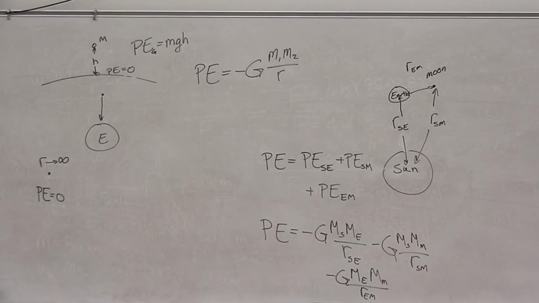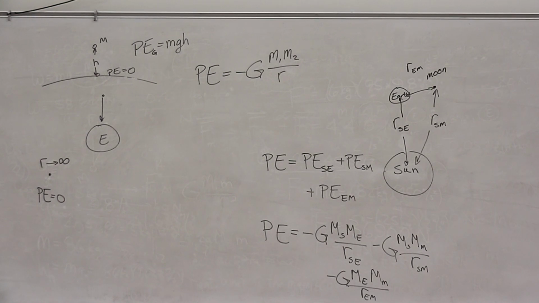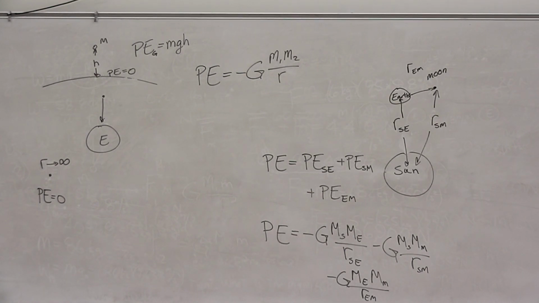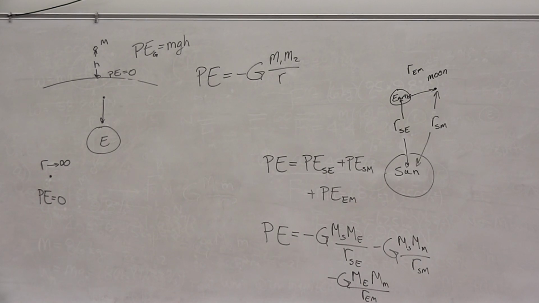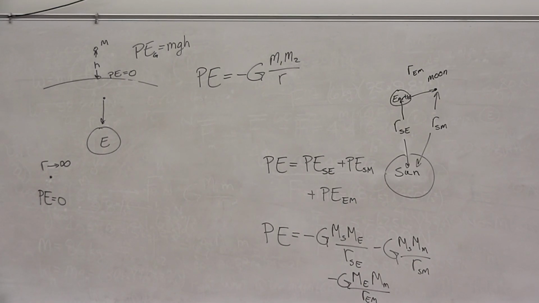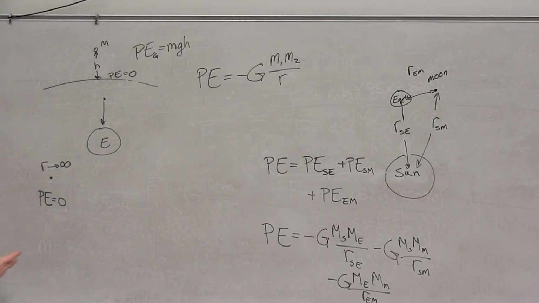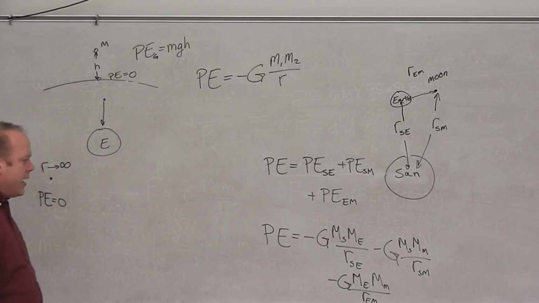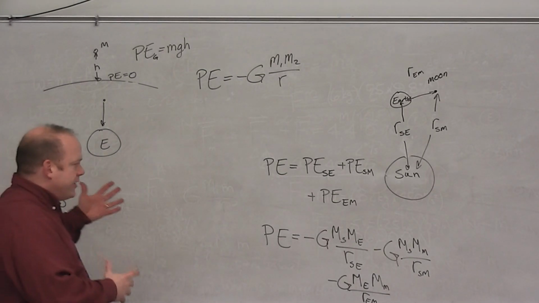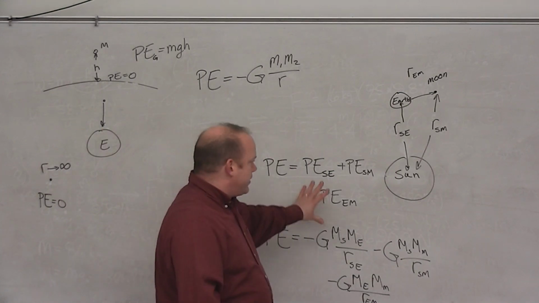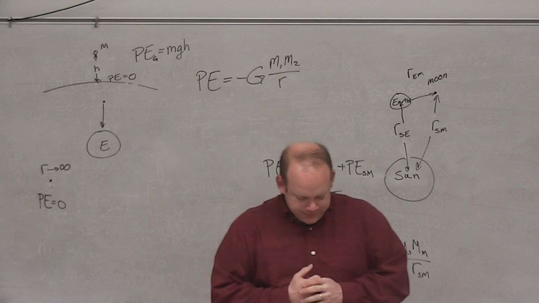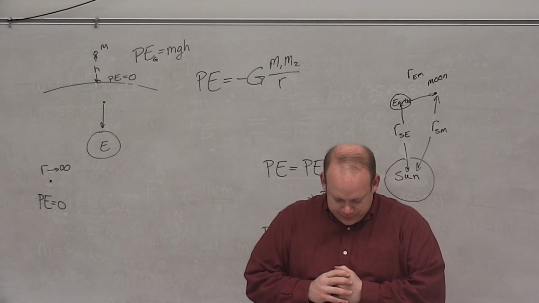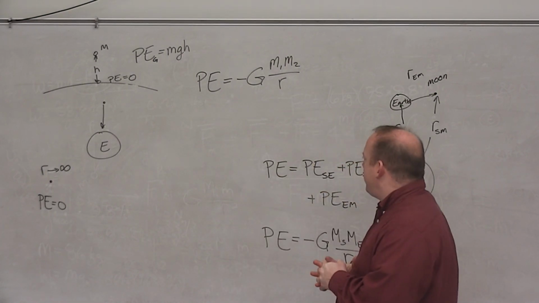So now, we just add those quantities together. They're all negatives. We can pull the negative out if you want. That's fine. It doesn't really make a difference. But potential energy is nice. If I put in a whole bunch of objects, we can calculate the potential energy of their masses because they have mass.